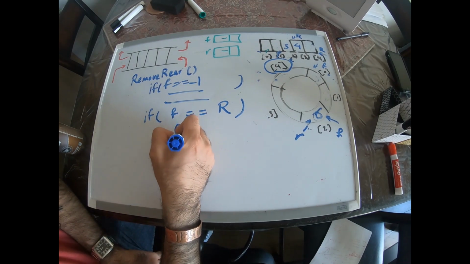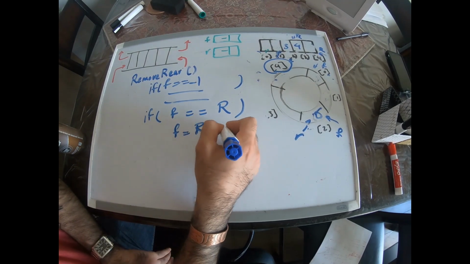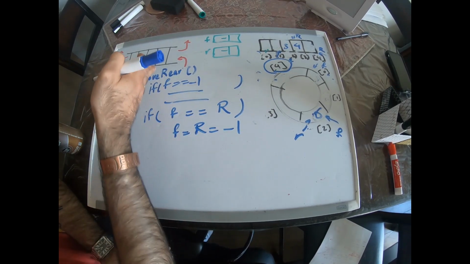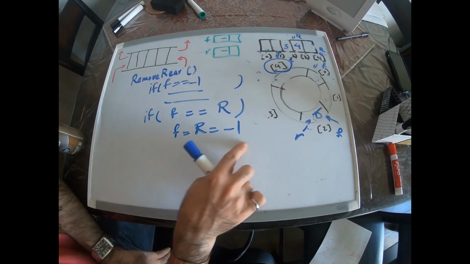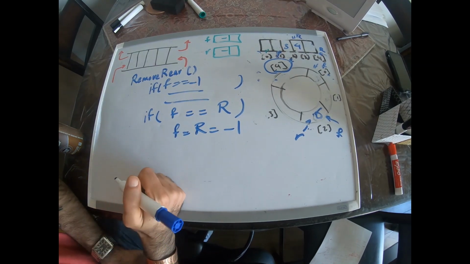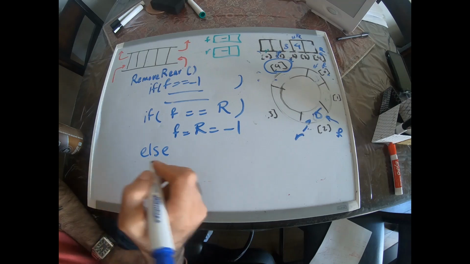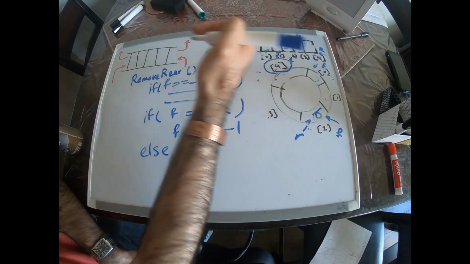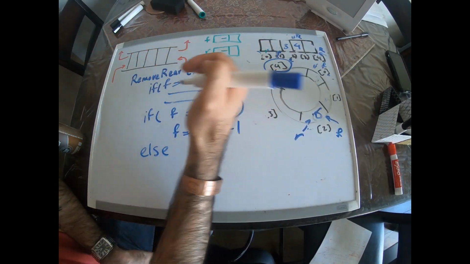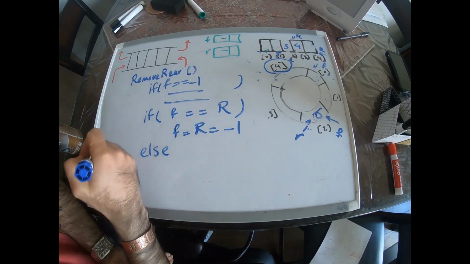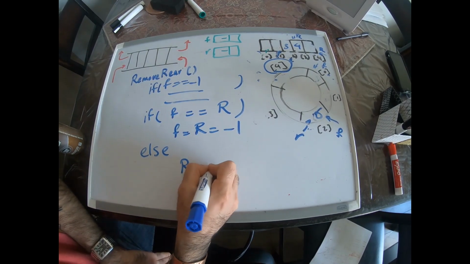So you have to make both front and rear equal to -1, because after this removal, both front and rear become -1. Okay. What else? As I said, we want to move rear towards the left side. So we want to do rear minus minus.